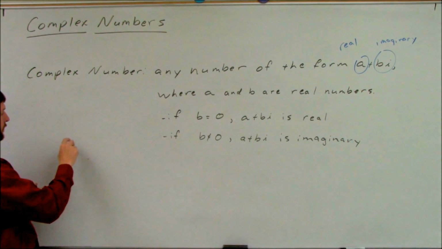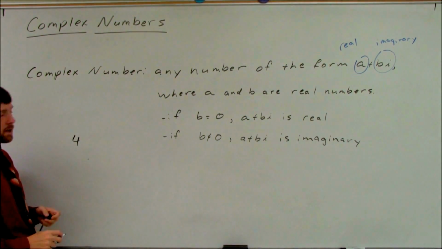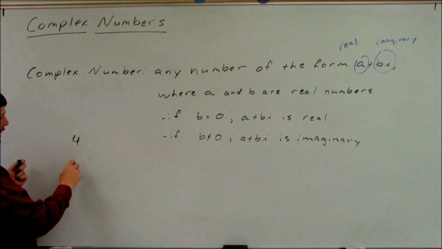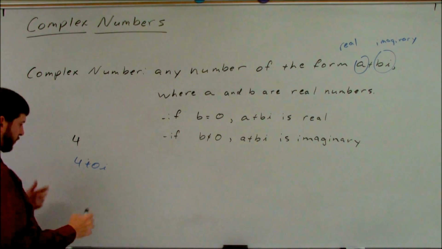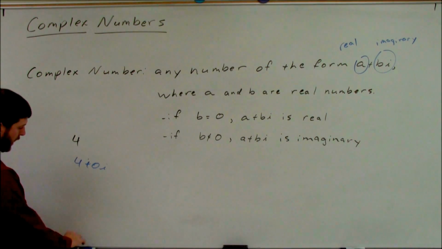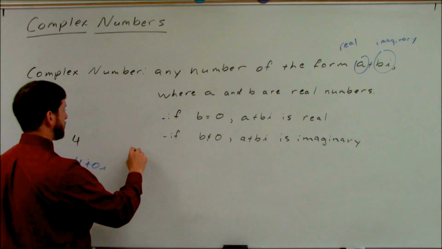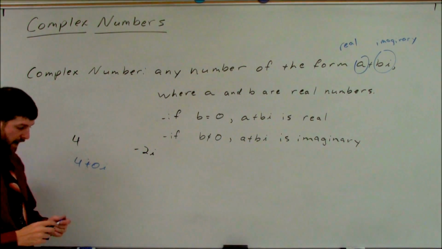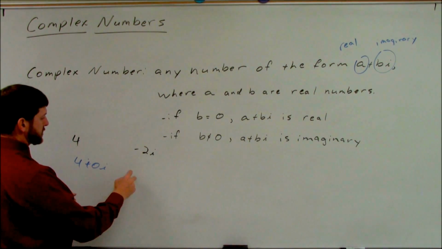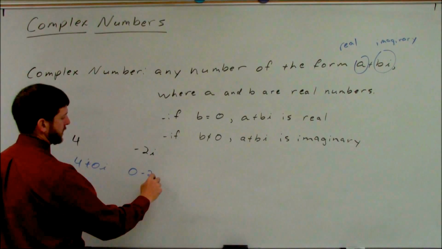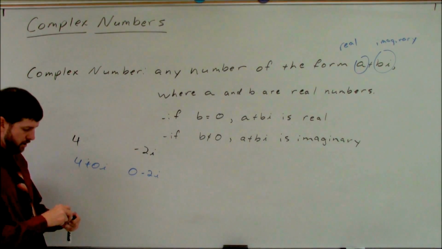The number 4 is complex because I could write it as 4 real plus 0 imaginary parts: 4 plus 0i. The number -2i is also complex because I could write it as 0 real parts and -2 imaginary parts.